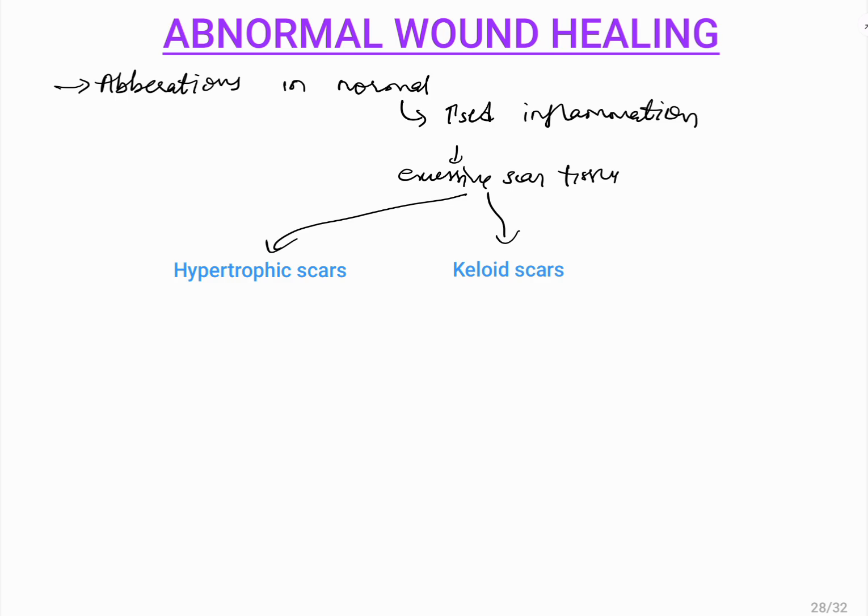During formation of the scar, in hypertrophic scar, there will be a disorganized pattern of collagen, whereas there will be an organized pattern of collagen in case of keloid scars.